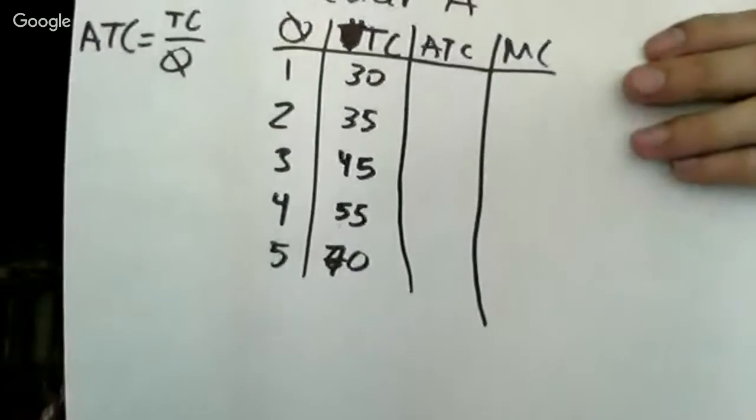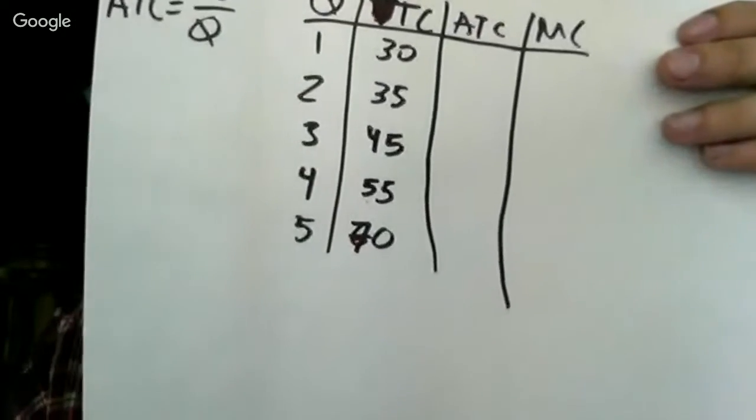So in this case, we will have 30, 17.5, then 15, then 13.75, 40.